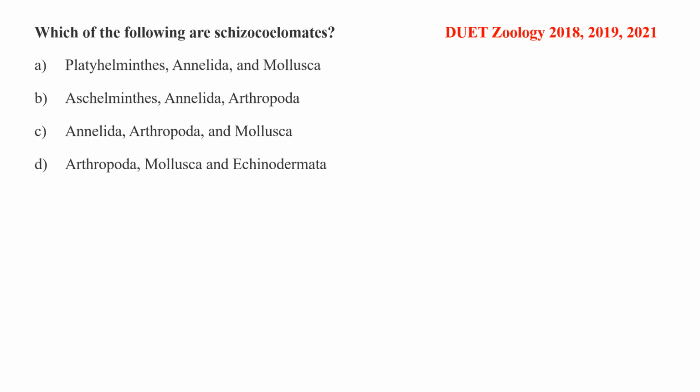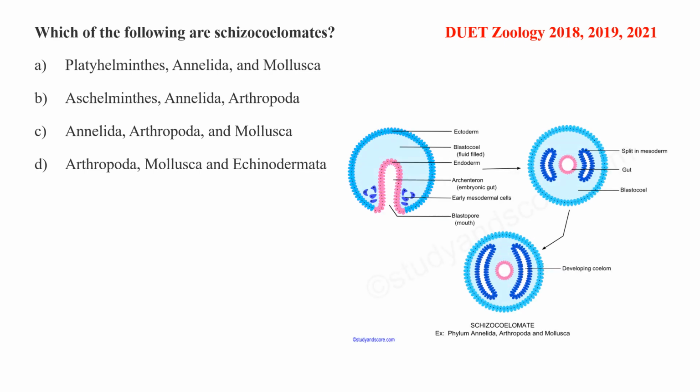Which of the following are schizocoelomates? Platyhelminthes, Annelida and Mollusca; Aschelminthes, Annelida and Arthropoda; Annelida, Arthropoda and Mollusca; Arthropoda, Mollusca and Echinodermata. First of all, you should know what is schizocoel. It is a body cavity which is present between the digestive tract and musculature of body wall, and it is formed due to the splitting of mesodermal mass.